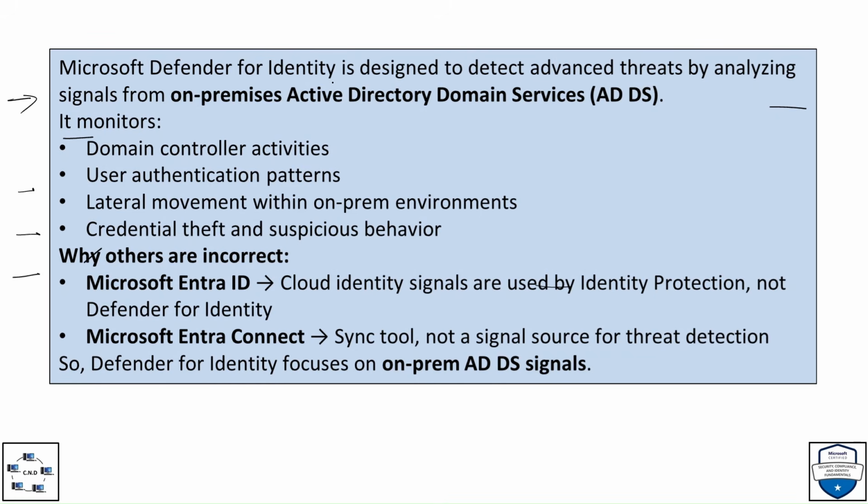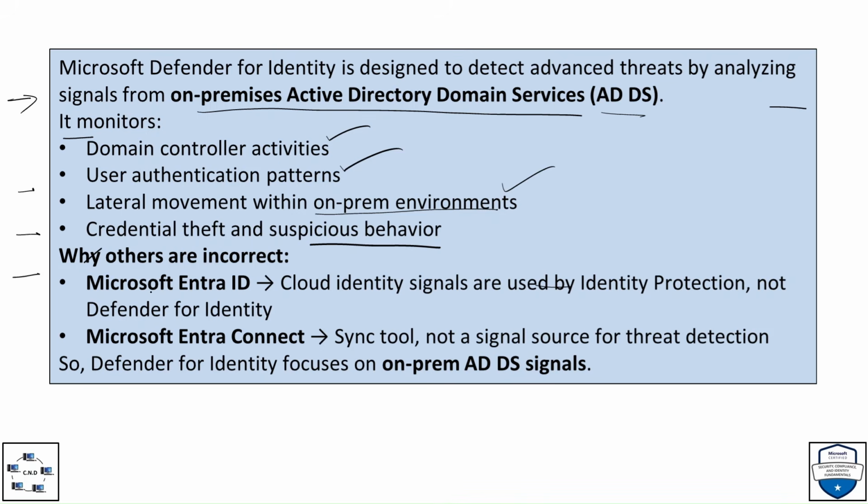So Microsoft Defender for Identity is designed to detect advanced threats by analyzing signals from on-premises Active Directory Domain Services, that is ADDS. It monitors domain controller activities, user authentication patterns, lateral movements within on-prem environments, and credential theft and suspicious behavior.